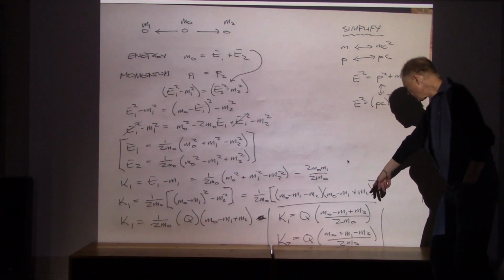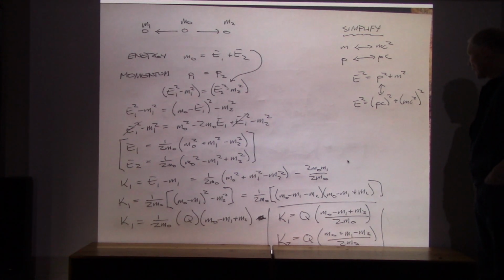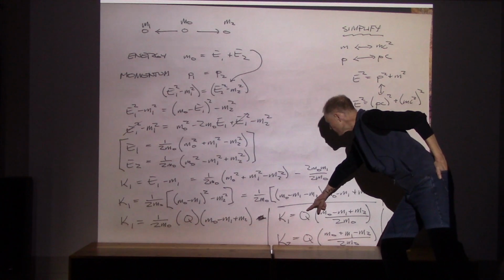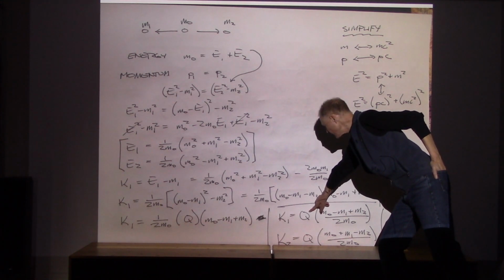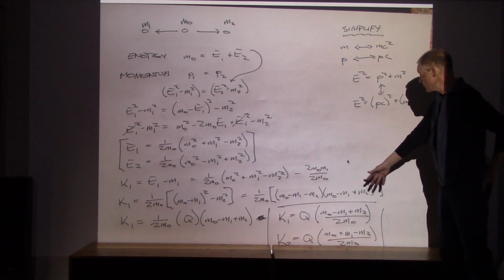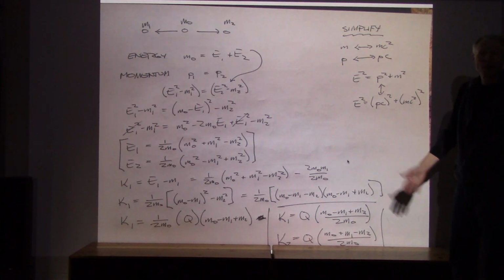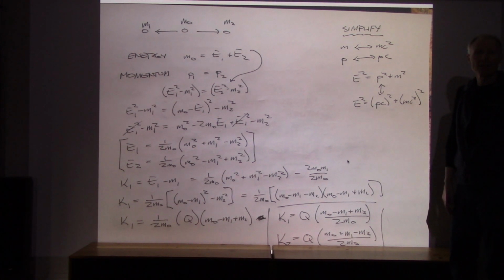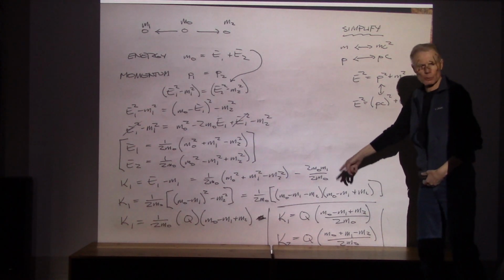So the 2 m naught got brought back inside. The nice feature is that the energy units are contained in the Q, so I don't necessarily have to put the factors of c squared back in. If I do, they cancel out in any case. So this works pretty well in terms of kinetic energy.